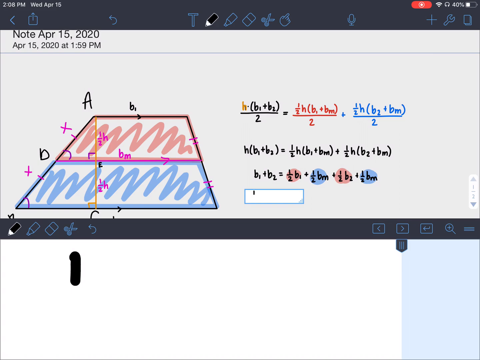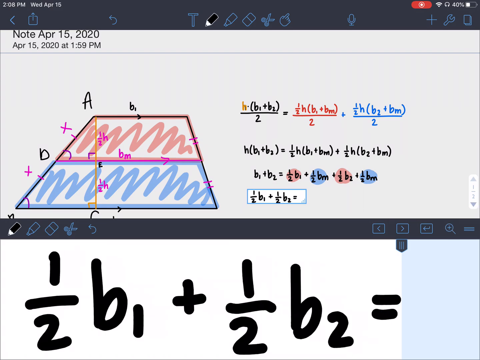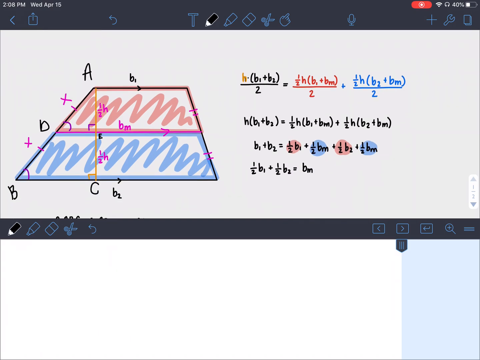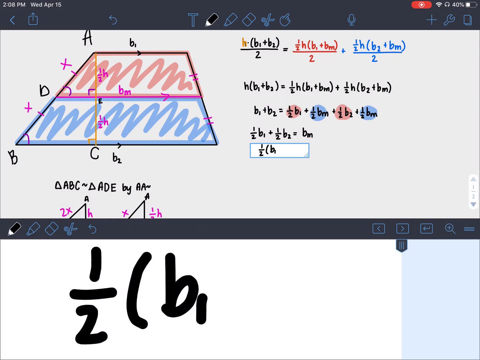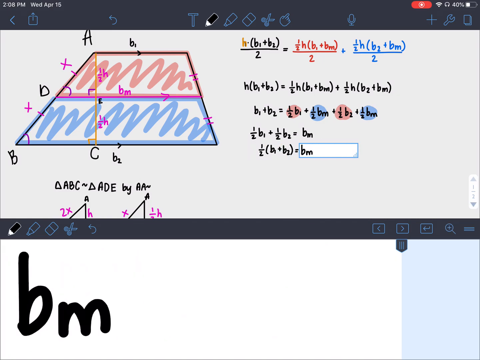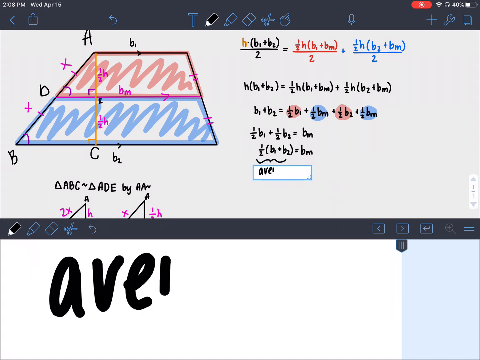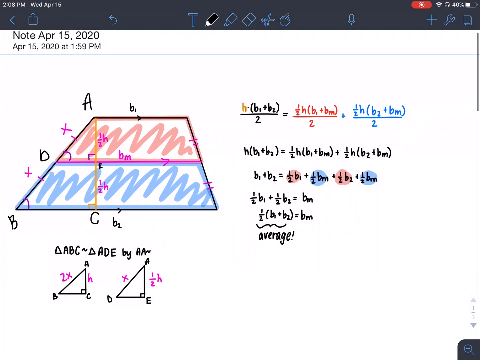So after I do that, I get 1/2 of base 1 plus 1/2 of base 2 equals base, that's your median. Okay. Well, if I factor out the 1/2 there, I get 1/2 of base 1 plus base 2 is the same thing as the base, that's the median. And this is the exact same thing as the average. So there's your proof.